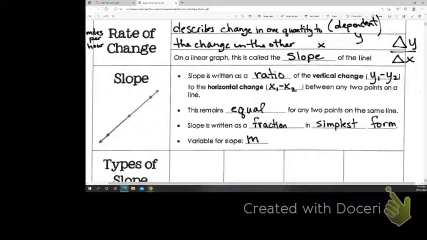So when I say in simplest form, if I had something like 14 over 4, then I should reduce it. They're both even, so I should write 7 over 2. But we do not want to say 3.5. We want to keep it where we see that the y is changing 7 for every 2 that the x changes. So it's still a comparison of two things.